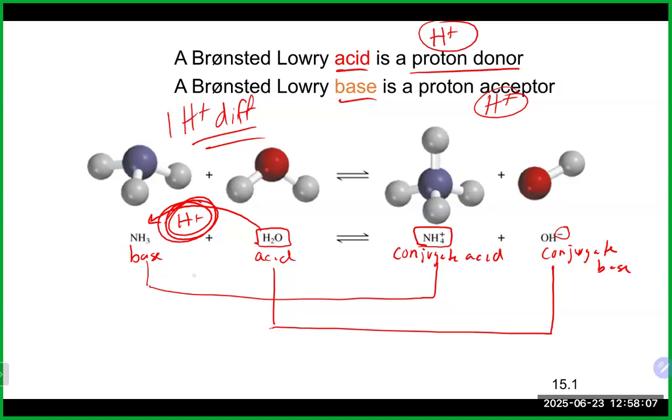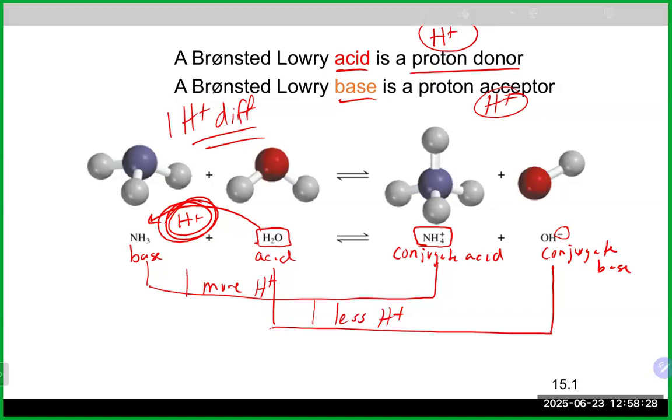As you can see, as you go from the base to the conjugate acid, because the base accepted the H plus, it has one more H plus than it started with. And as you go from the acid to the conjugate base, because it gave away the H plus, it has one less H plus than it started with.